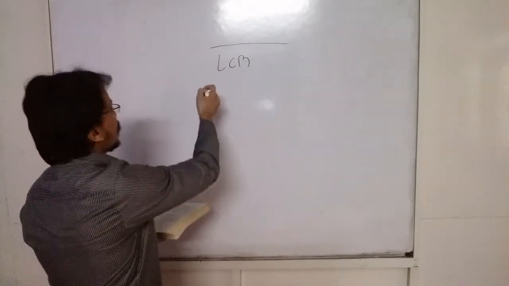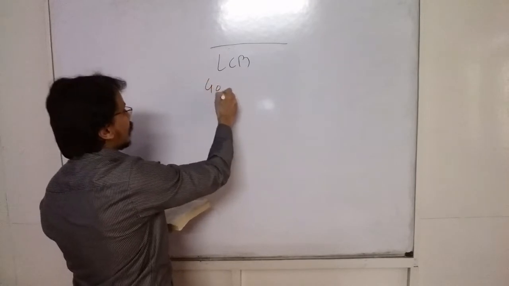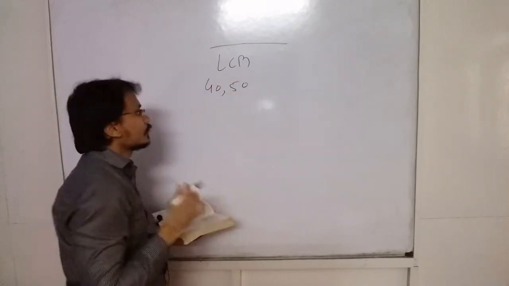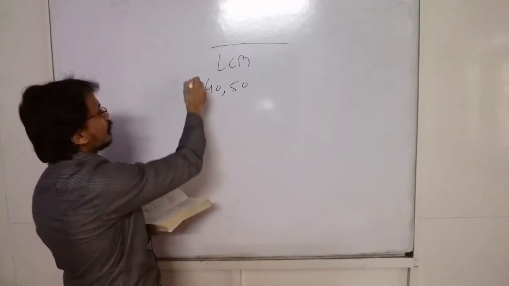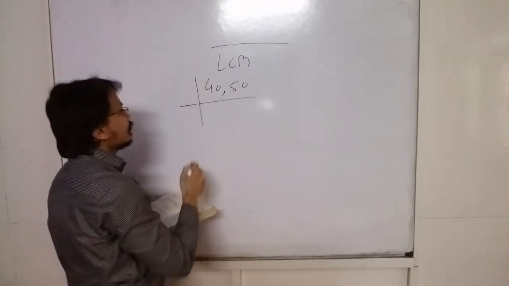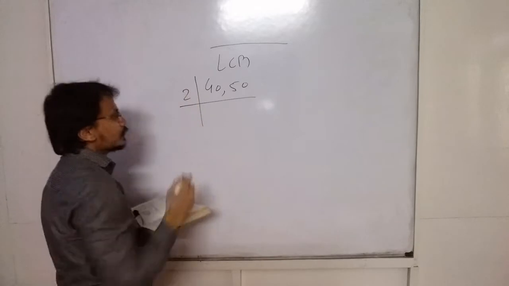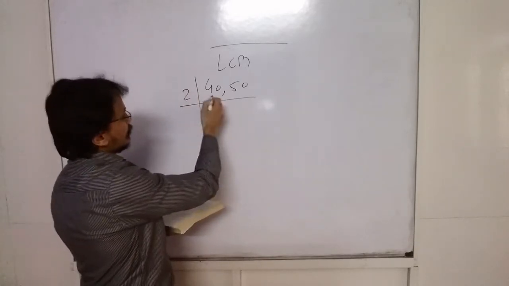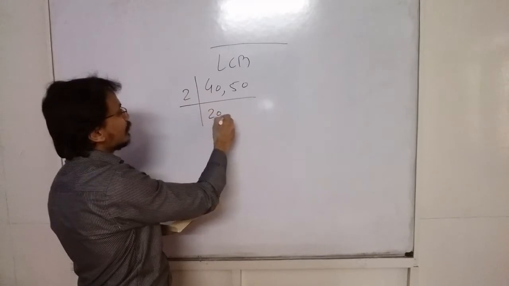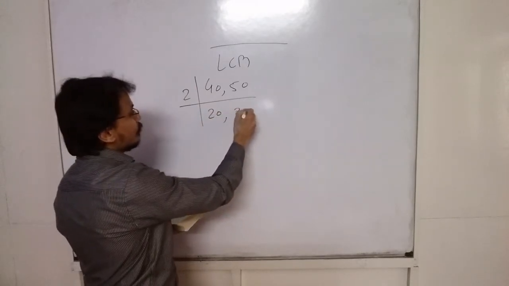Suppose you have been given two numbers like 40 and 50 and you are supposed to calculate the LCM. Definitely you will calculate it in this manner. This is the way. Just start dividing by the lowest number. Divided by 2 you will get 20, then 25.